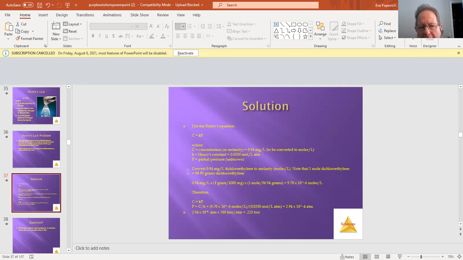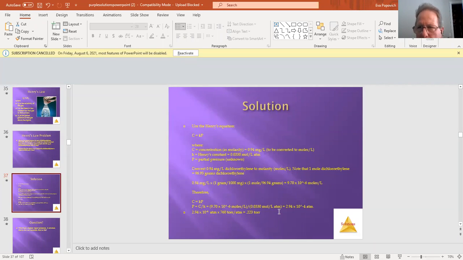So I change that, and I end up with 9.7 times 10 to the minus 6 moles per liter. I know what Henry's constant is. I know what my concentration is. All I got to do then is substitute it into the equation.